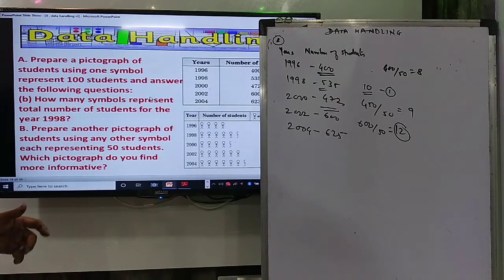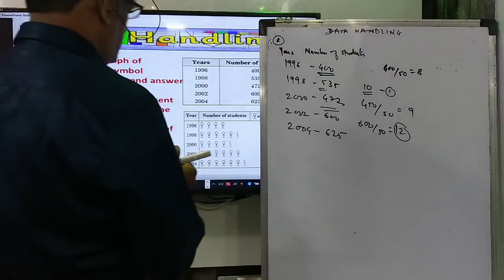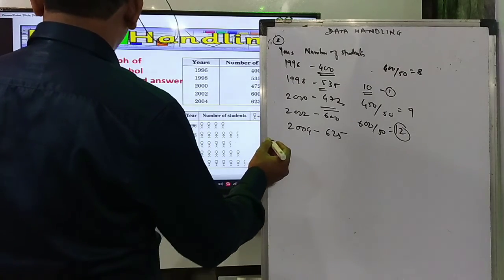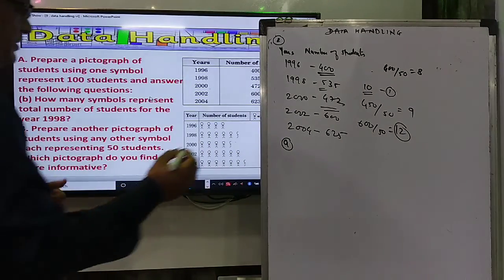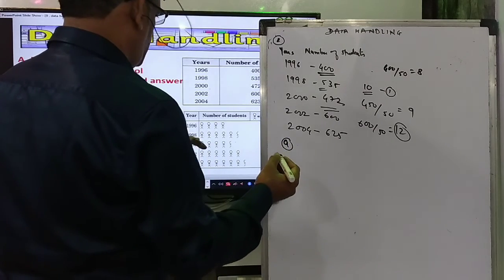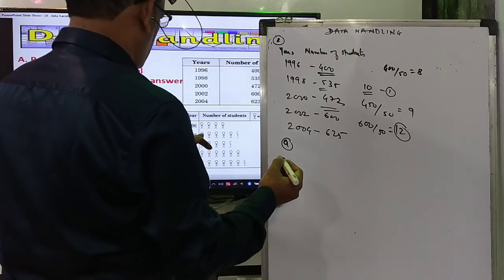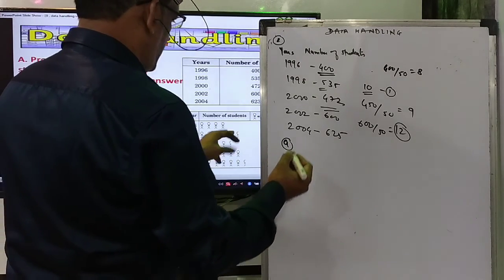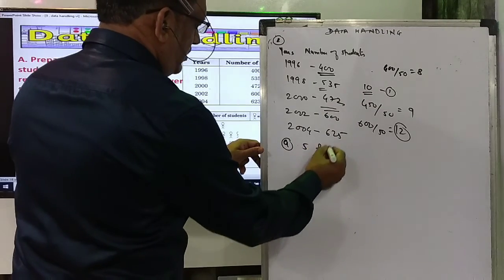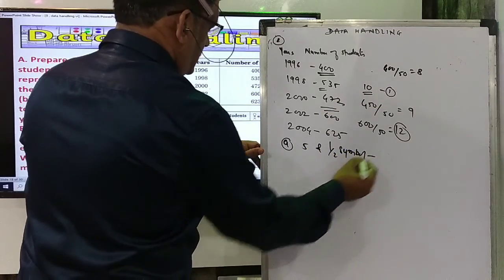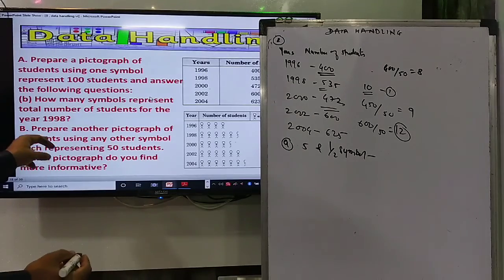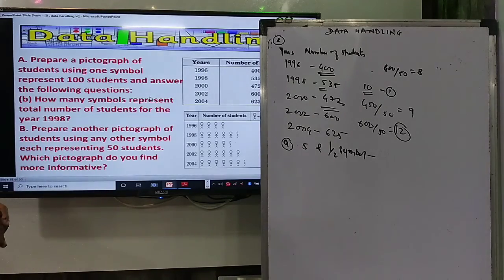It is not exactly half, it is less than half, but it can be represented by a half symbol. So in 1998, how many symbols are there? 1, 2, 3, 4, 5 and a half symbol used in 1998. Prepare another pictograph for 50 students.